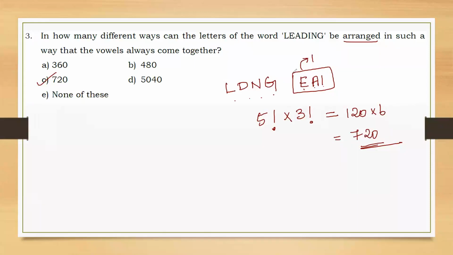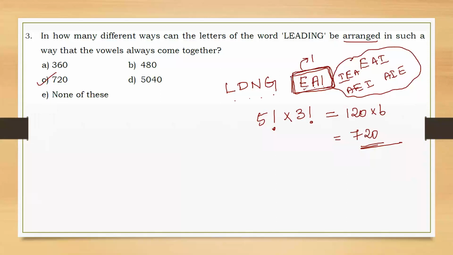Initially we have to treat them as one. If you place E, A, I here or here like this, or AI like this, or IA like this, we have many arrangements inside the box.